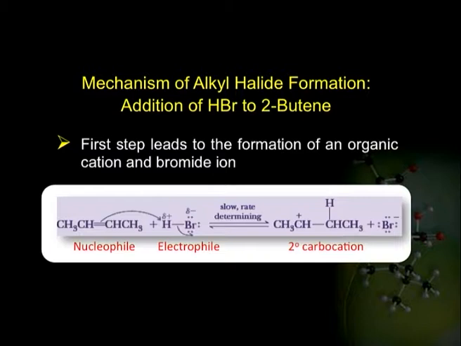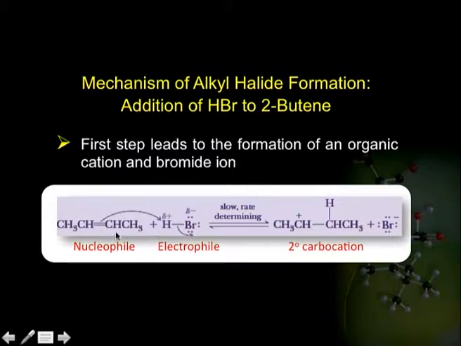Let us look into this. The first step leads to the formation of an organic cation and a bromide ion. So, we have this nucleophile here, and the H of HBr acts as an electrophile. We know that this double bond is the electron center.